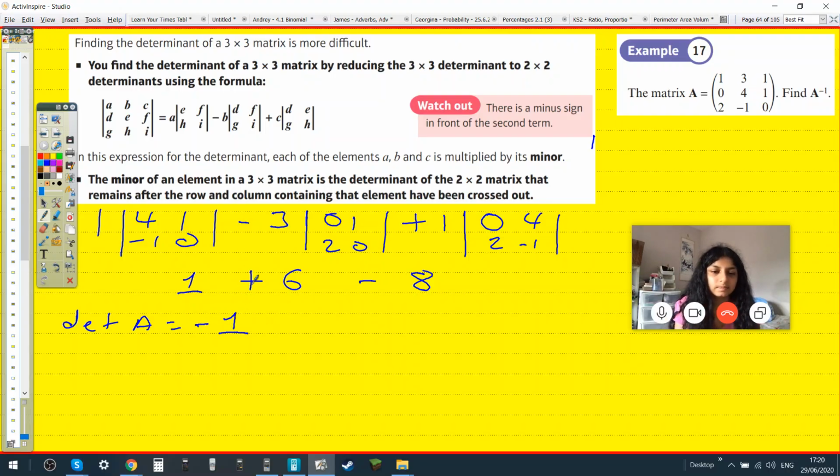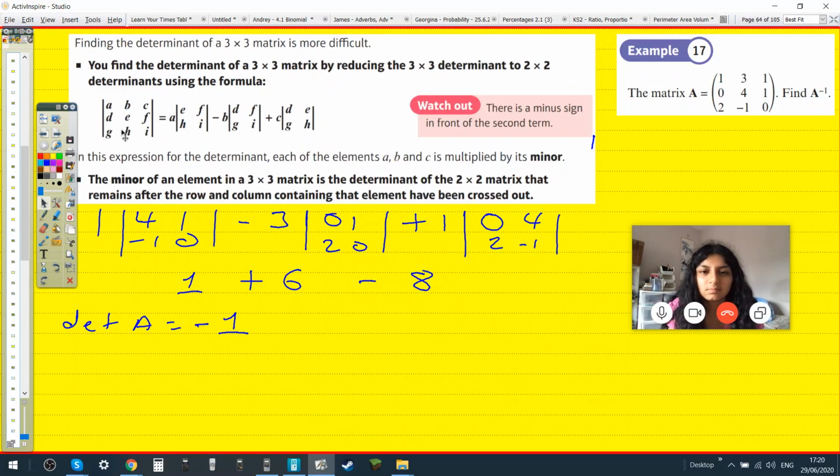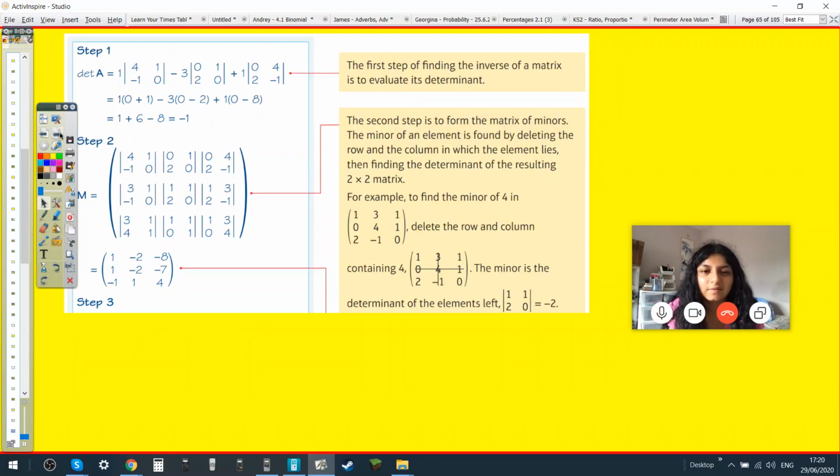Let me bring this thing back now. From the matrix, form the matrix of the minors of A. But then wouldn't there be like 4?